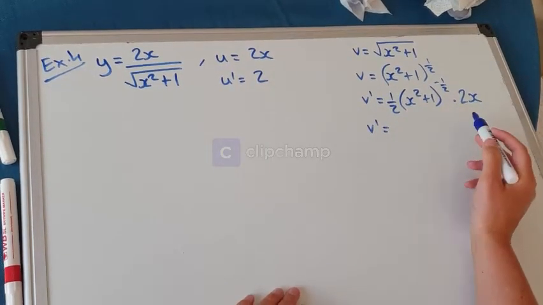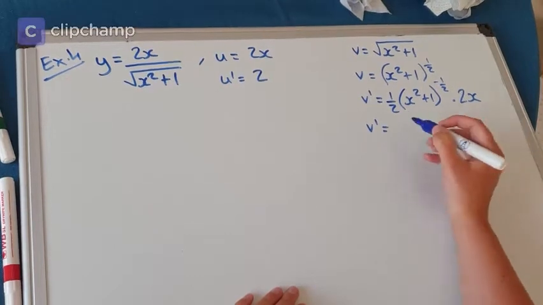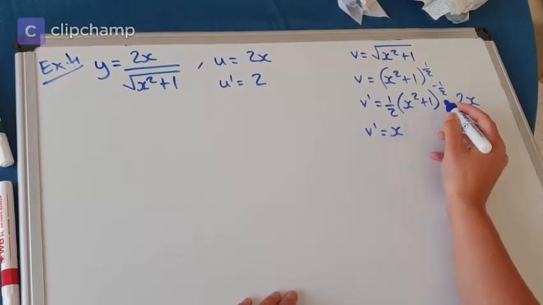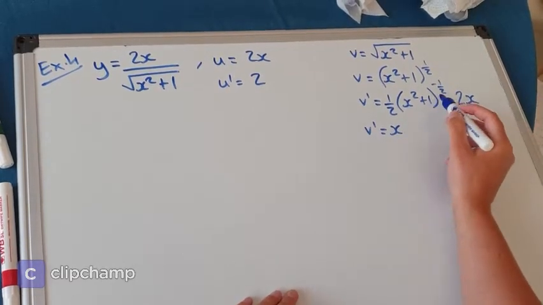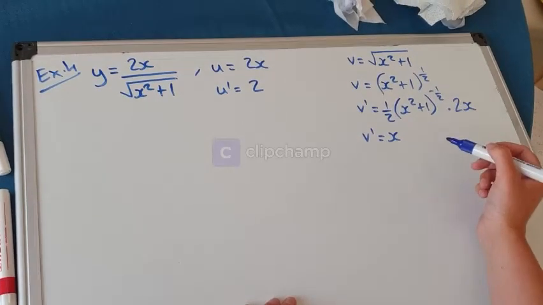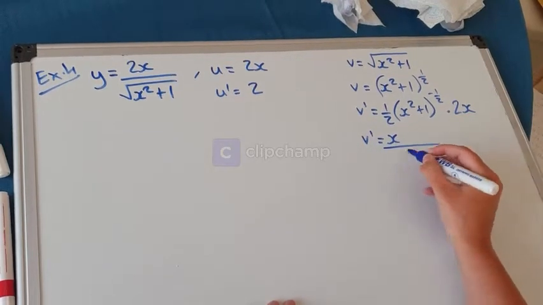If I tidy this up, my 2's cancel and I'm left with x times this bracket, but I'm going to write it with a positive power, so I'll bring it to the bottom and put it back into root form.